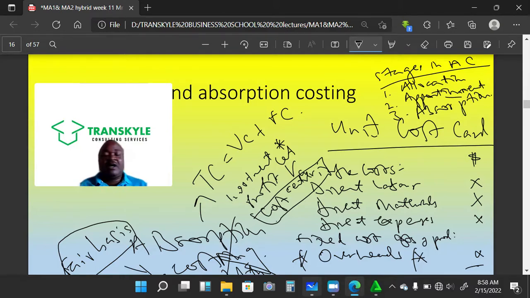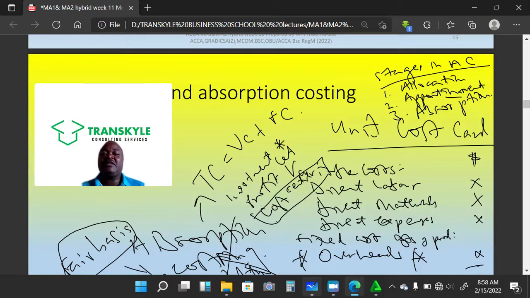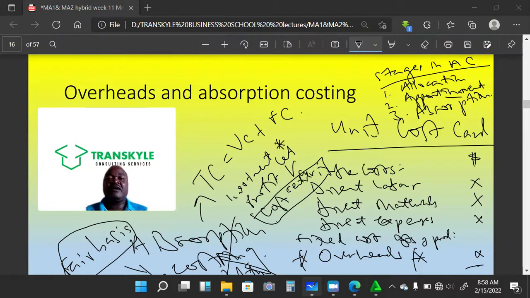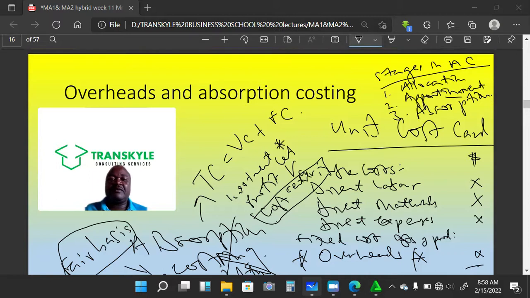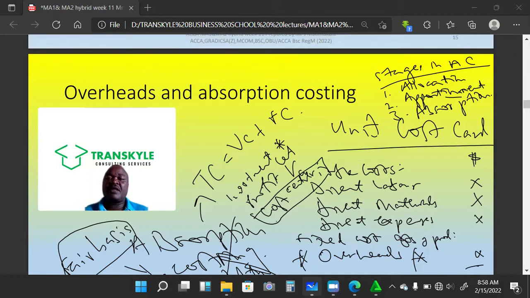Okay, what is allocation? Allocation is when the whole cost is allocated to a particular cost center or to a particular department.